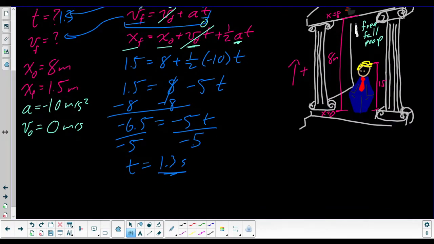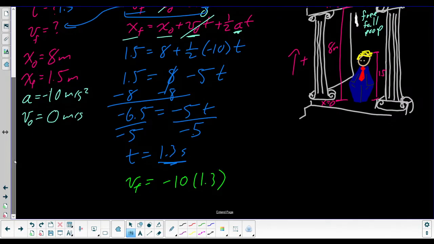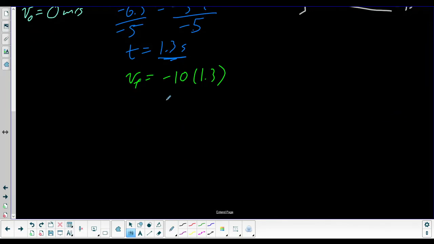All right, v final, that's a question mark, equals v initial 0, acceleration is -10, and time is 1.3. We multiply. V final equals -13 meters per second. This is approximately, I want to say like 27 miles per hour, I think.